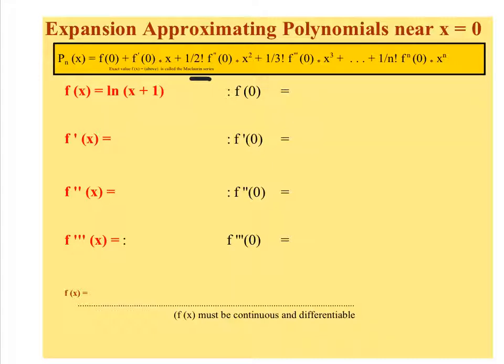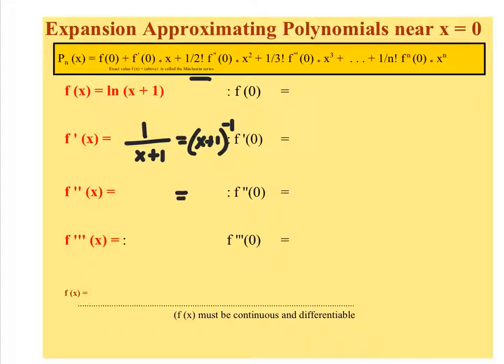Let's take f of x, which is natural log of x plus 1, find its derivative, and then the two derivatives following that. That would be 1 over x plus 1, which if you want to think of it as x plus 1 to the negative 1, that might help you to do the derivatives.